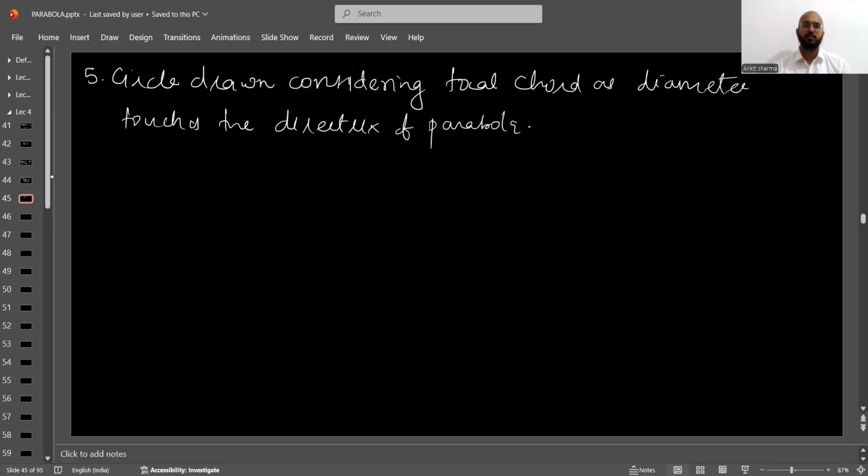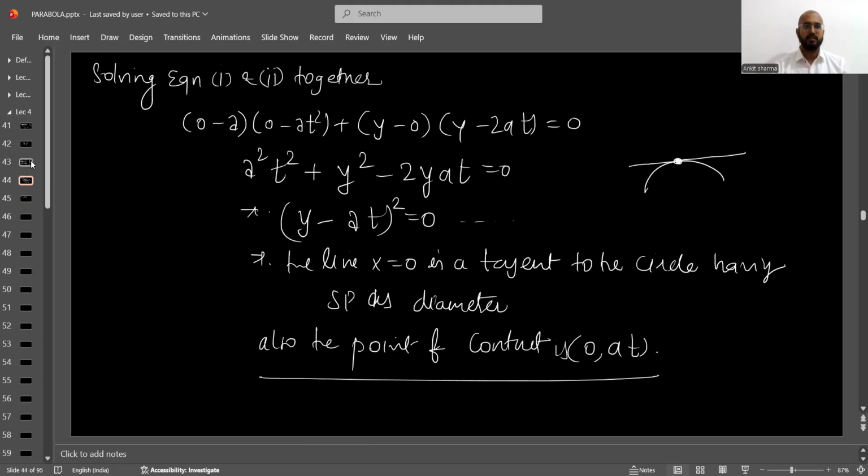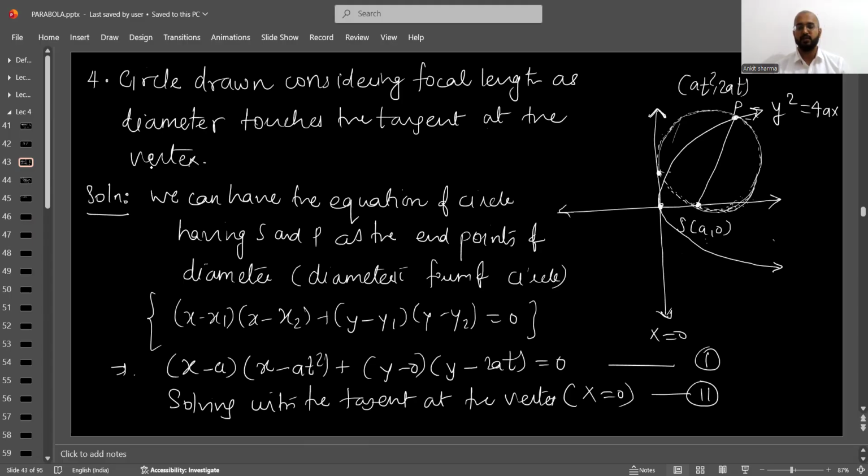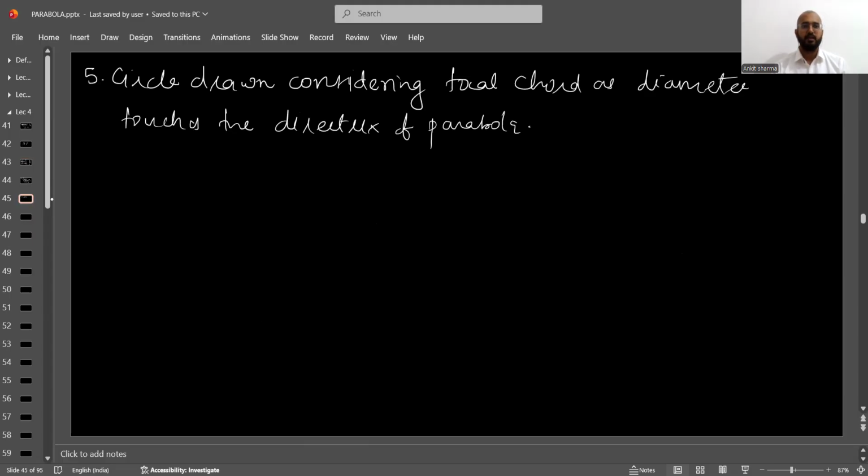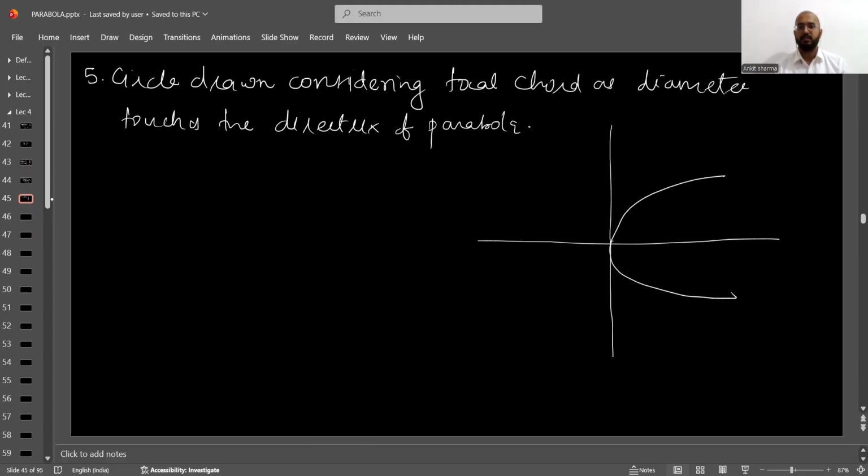Let's see this result. So I have a circle drawn considering the focal chord as diameter. So this is almost the same as this thing. The only difference is I'll have a parabola here. And this is my focal chord.